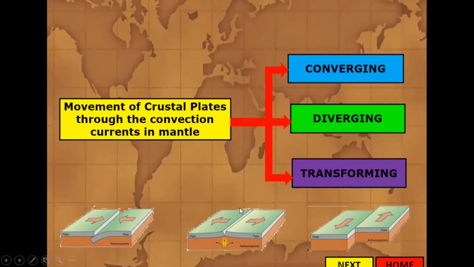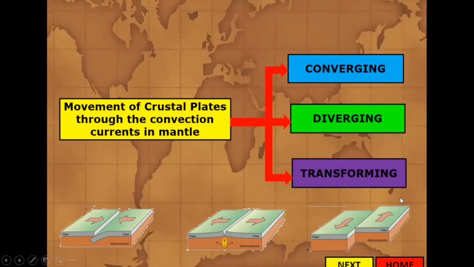However, in the diverging case, when the magma rises through convection currents, you will notice the plates move outwardly from each other.